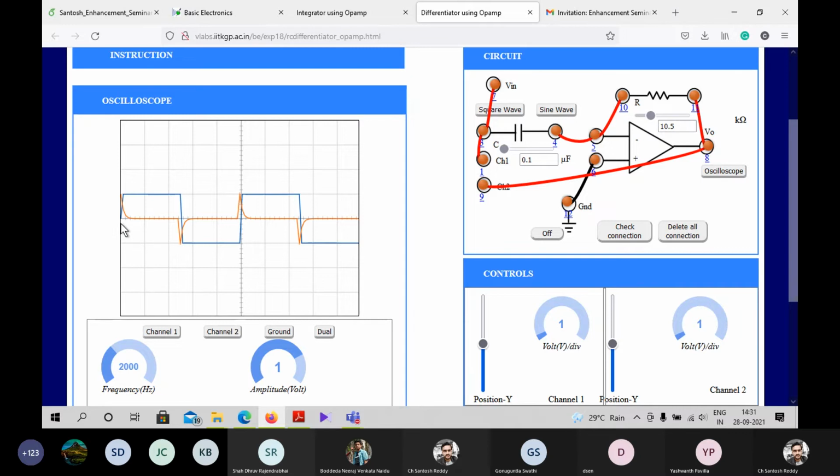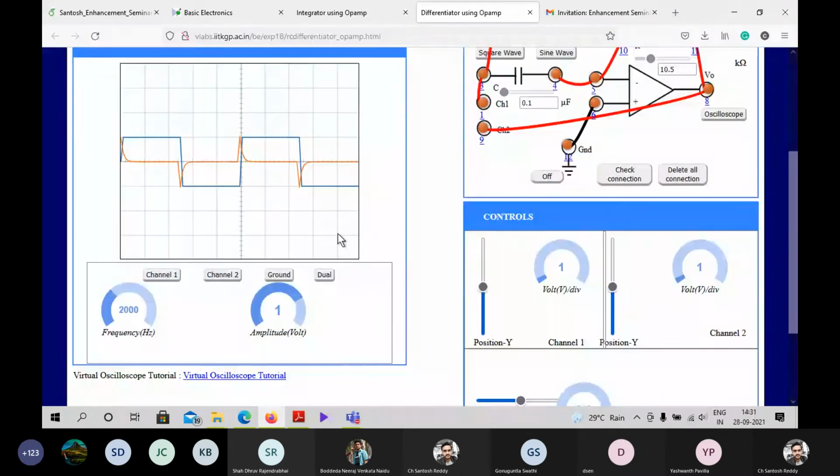As shown in the slide, you can see that whenever there is a change in the square wave, there is a spike. But if I change my frequency, this spike is not going to change. I don't know, there is most probably a problem in the VLAB.